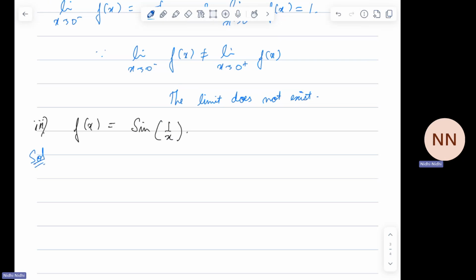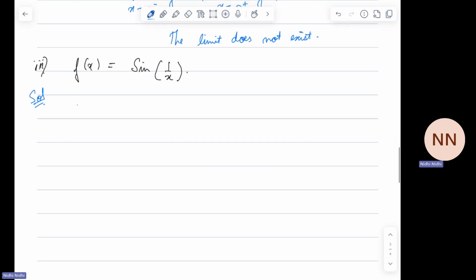Let's see how. Let's start with: suppose the limit as x tends to 0 of f(x) exists.